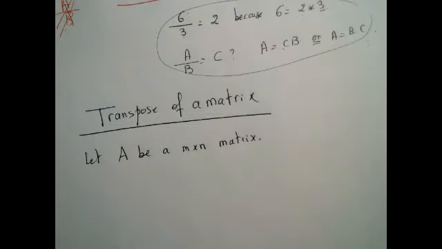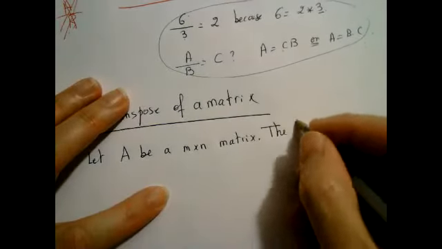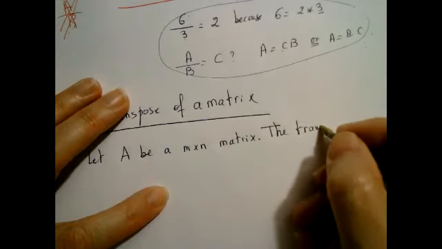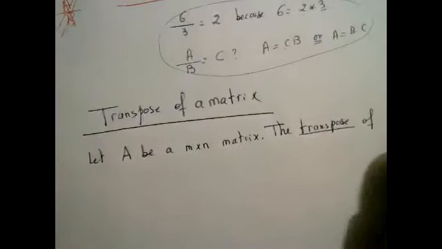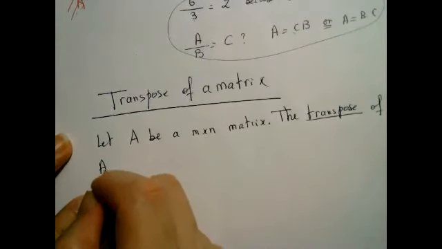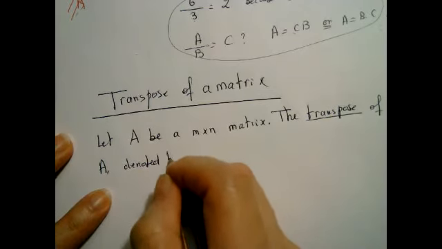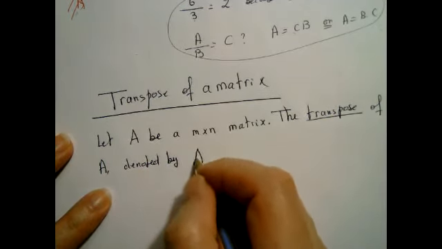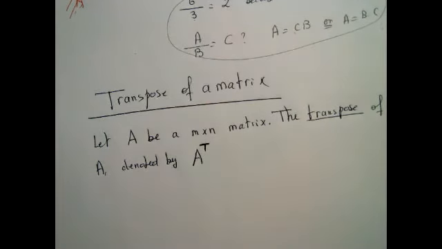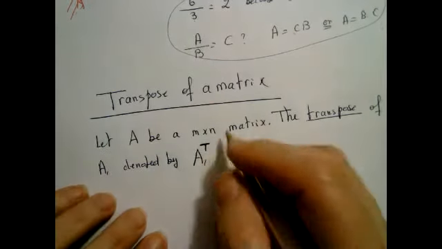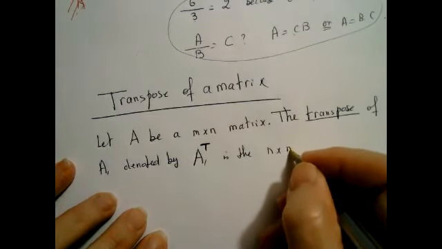Then the transpose of A, denoted by A with a T, where T stands for transpose, is the N by M matrix.